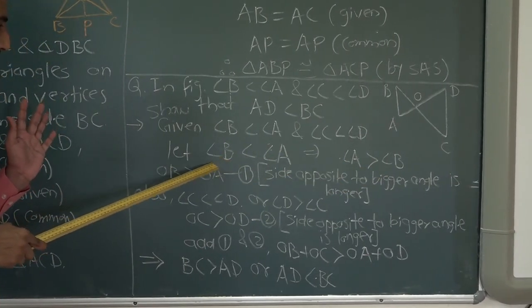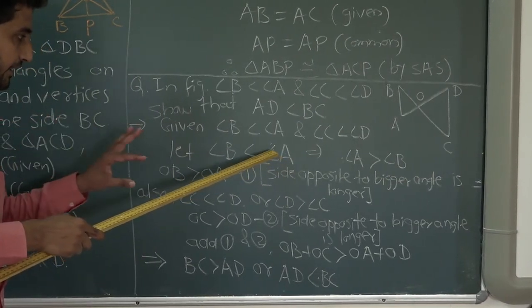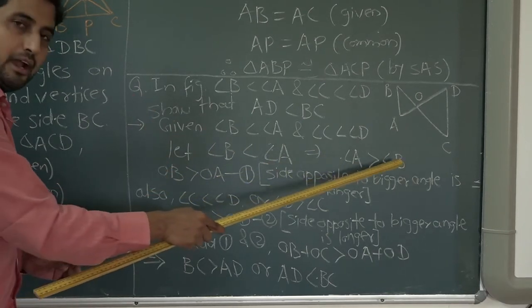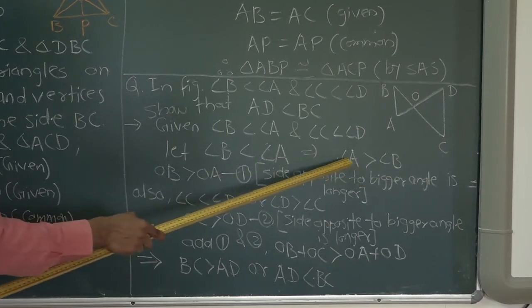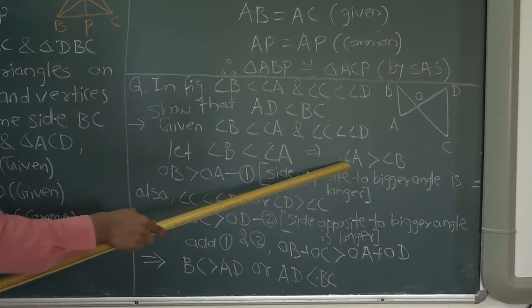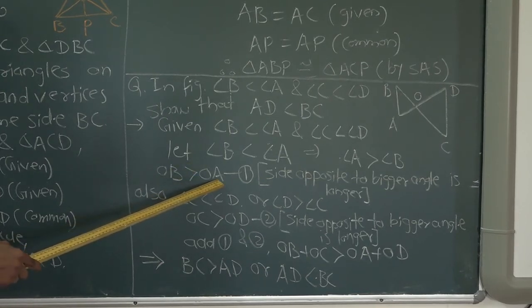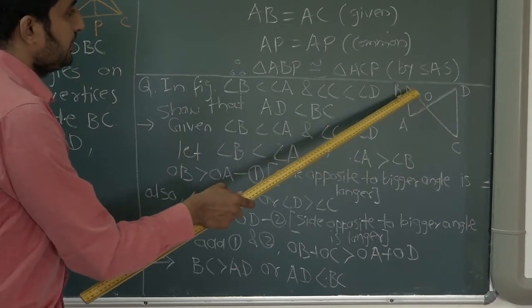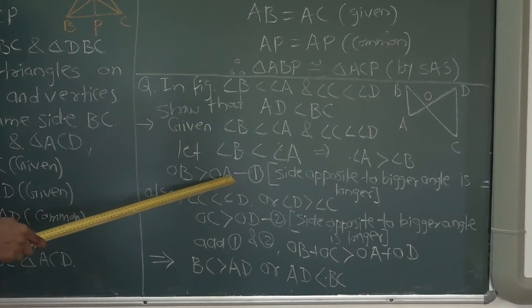If it is said that angle B is less than angle A, its reverse statement is that angle A is greater than angle B. Now, using this, we come to the conclusion that OB is greater than OA.